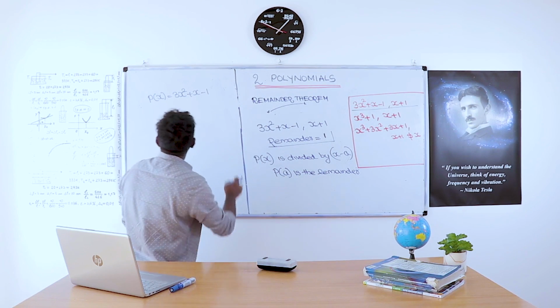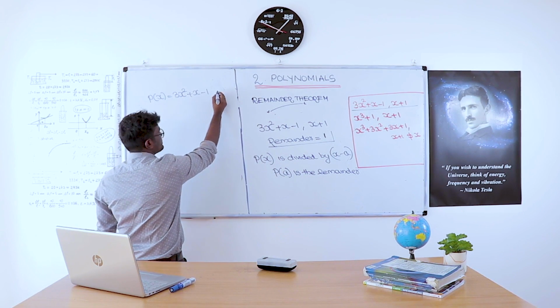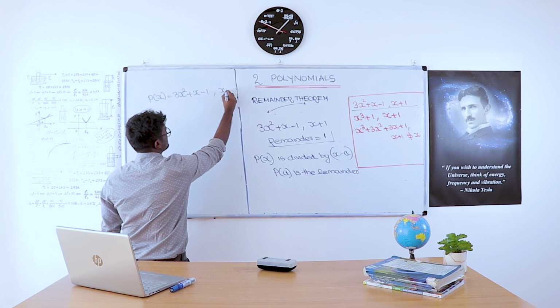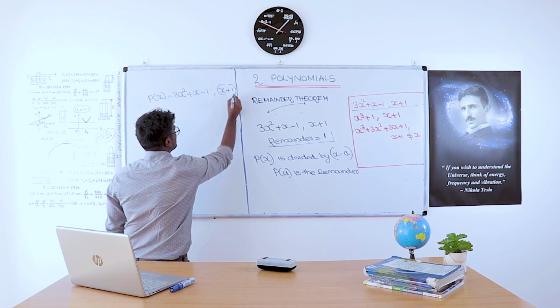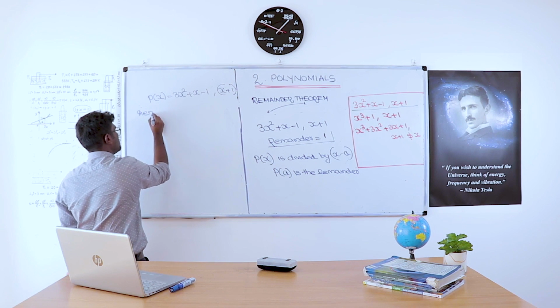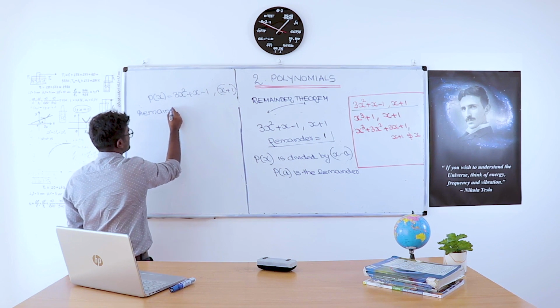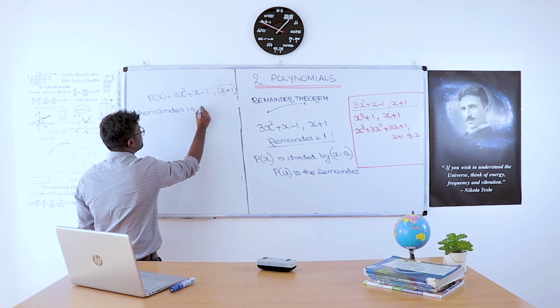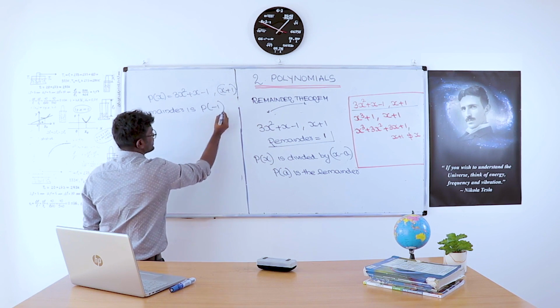So 3x square plus x minus 1 is divided by x plus 1, which is the factor we want to divide by. According to the theorem, the remainder is p of minus 1. So how will you find it?